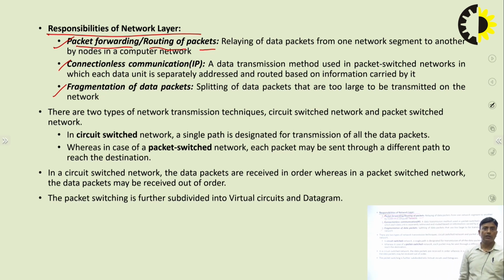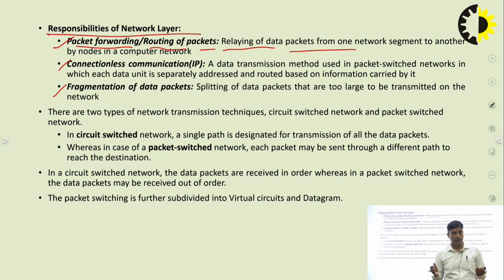A very important role of the network layer is to forward the packet from source to destination through multiple hosts, multiple routers, or systems. That is the relaying of data packets from one network segment to another network segment in a computer network. That is the routing of the packets.